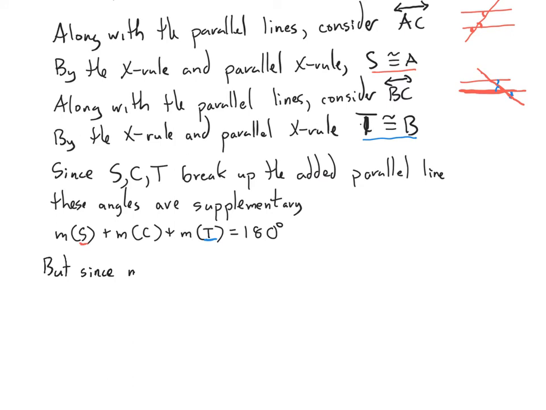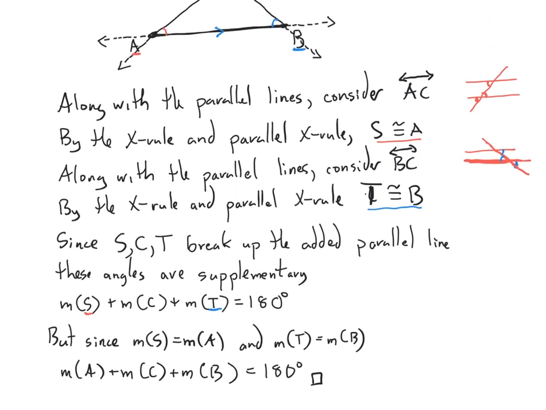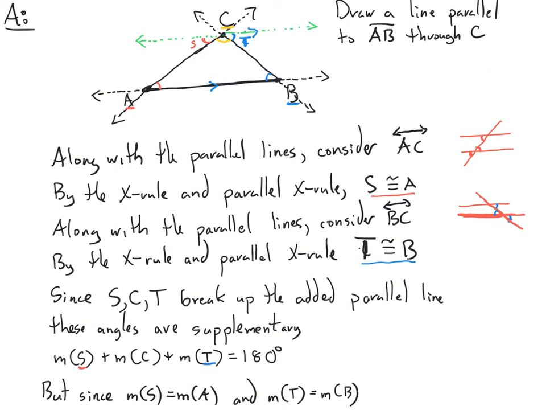Let's say the measure of S equals the measure of A, since they're congruent, and the measure of T equals the measure of B. We have that the measure of A plus the measure of C plus the measure of B equals 180 degrees. So the sum of the measures of the angles in our triangle, A, B, and C, equals 180 degrees. And again, all we did was use our parallel X rule.